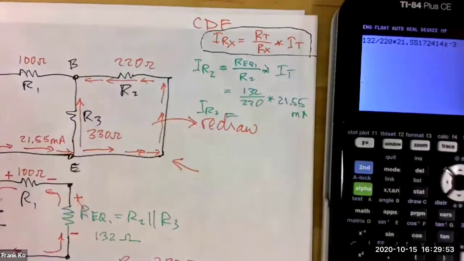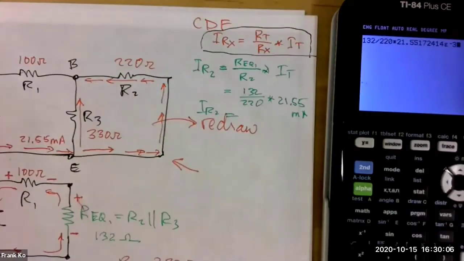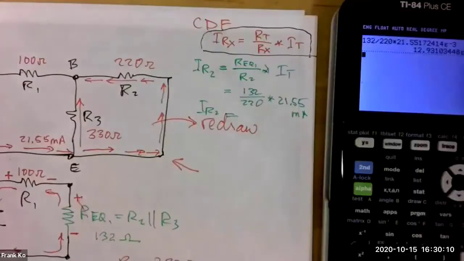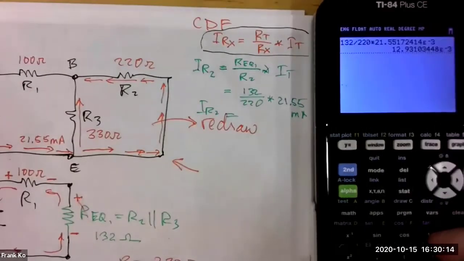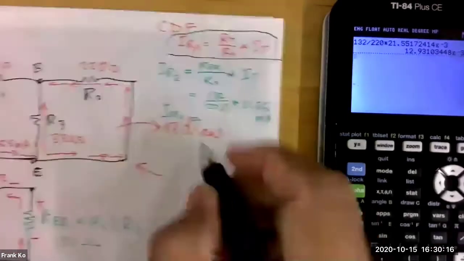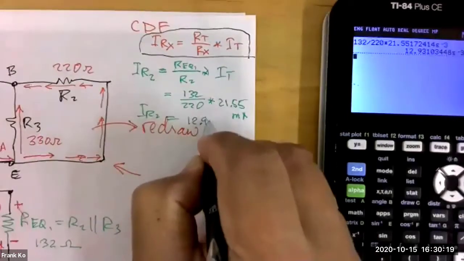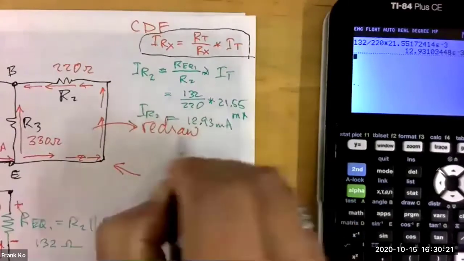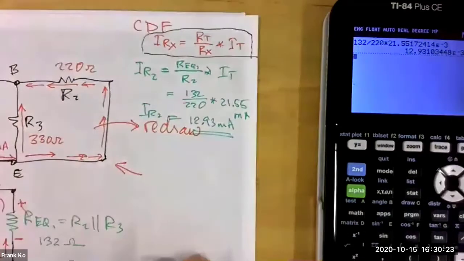And what did you calculate, my friend? 12.93 milliamps. Okay, and my calculator confirms your 12.93, and you can see the milliamps right there. So it works out to be 12.93 milliamps. That's very good for IR2.